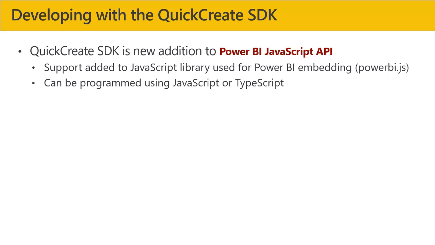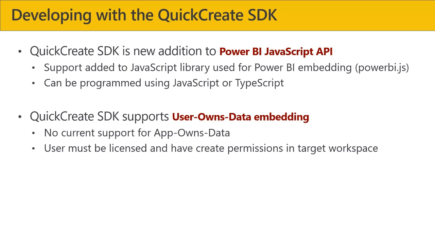You can program in JavaScript or TypeScript, and it supports user owns data embedding. We have a lot of customers using app owns data embedding, where you have external users you authenticate who are never known to Power BI. We don't support that. Whether we'll consider doing it in the future really depends on how we see this feature being used.